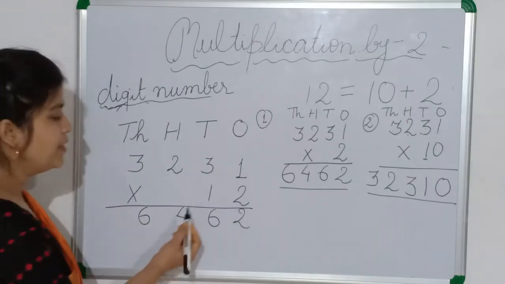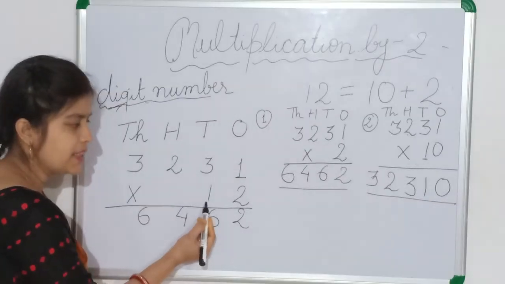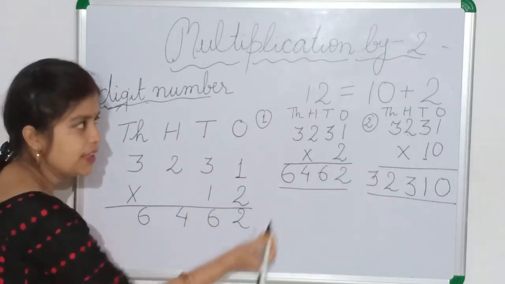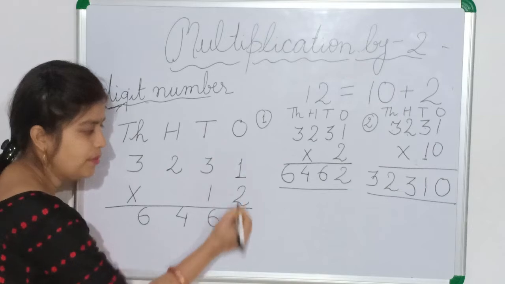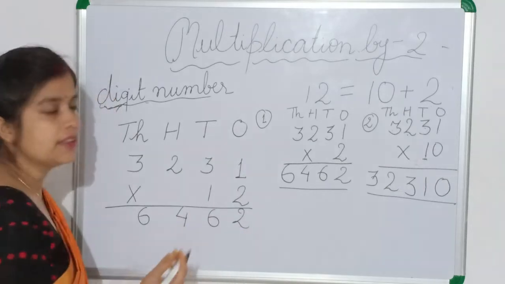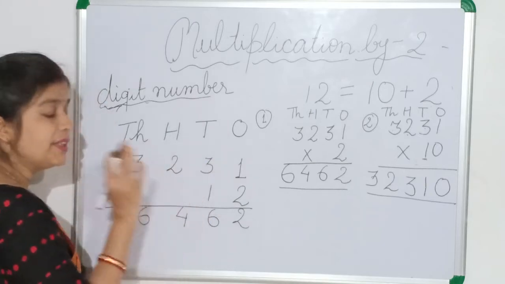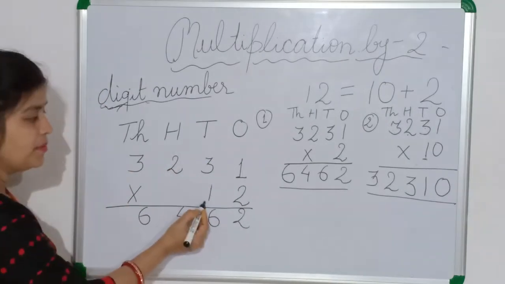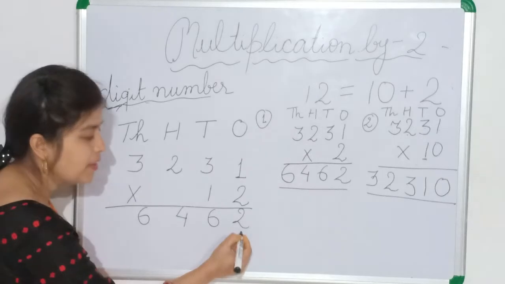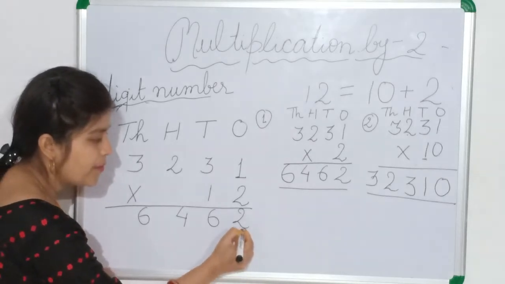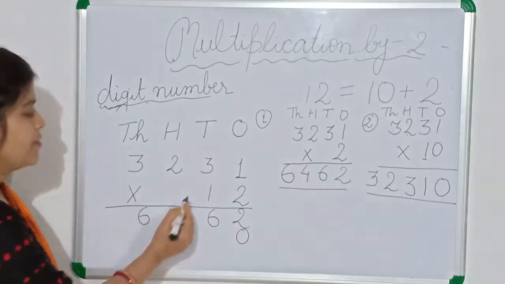After that, when you are multiplying by the number which is in tens place, first you will put 0 in the ones place. Okay, that is the rule. Otherwise, if you are not understanding, please think that it is a rule only. When you have to multiply by the tens place number, first you have to put 0 in the ones place.